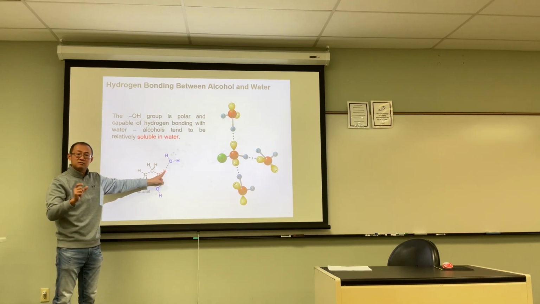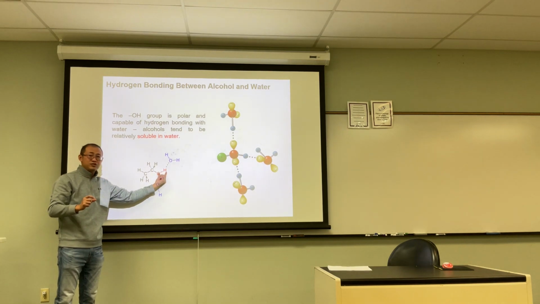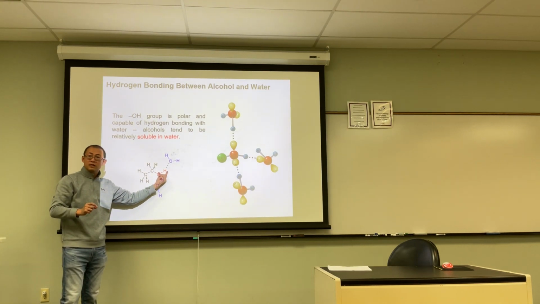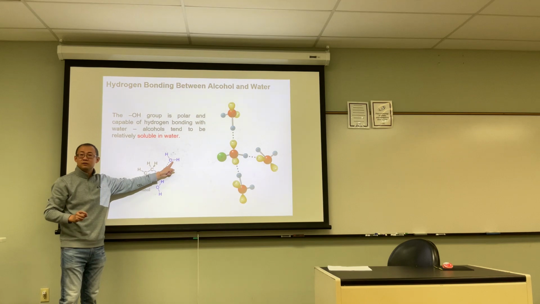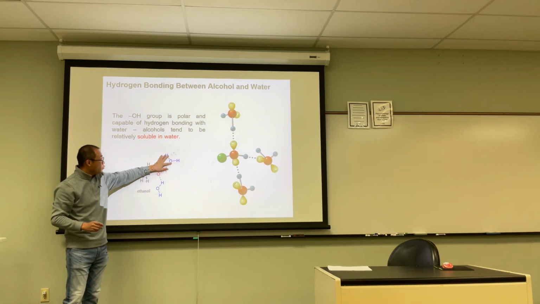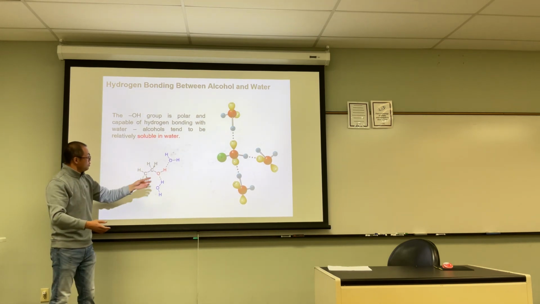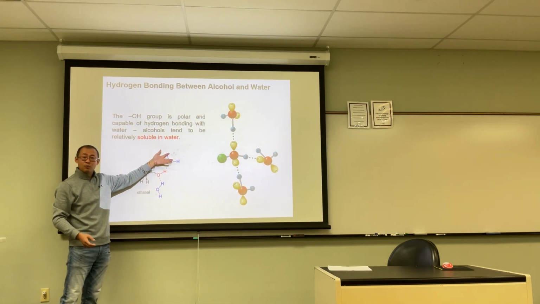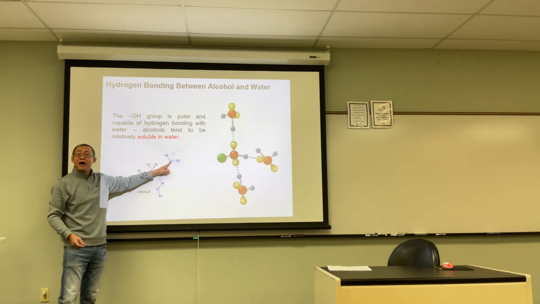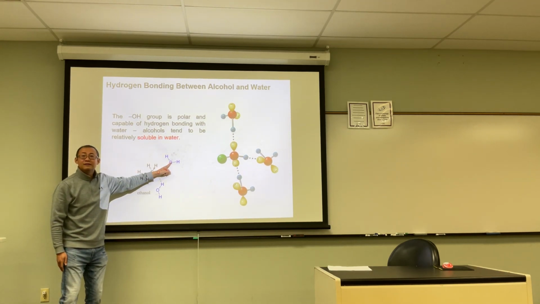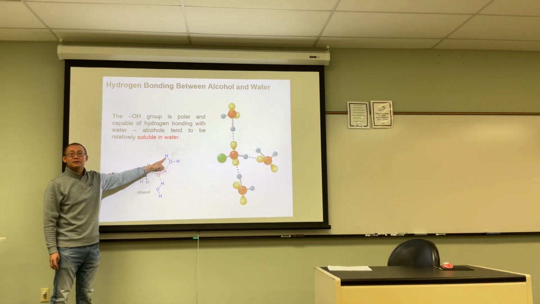Because of that, the OH of an alcohol can interact with water. Remember what water is? A lot of OHs, right? Water has OH too, so the O of water will have a negative charge, and the H of water will have a positive charge.